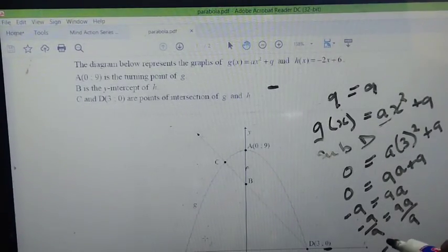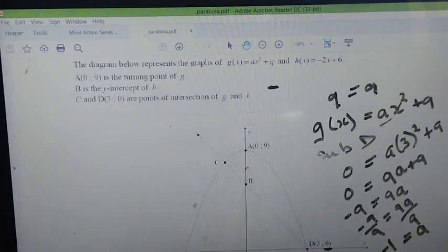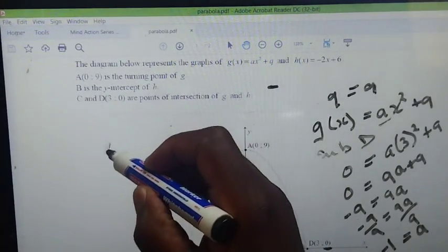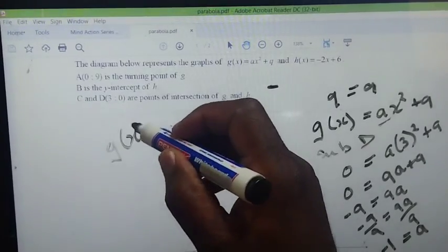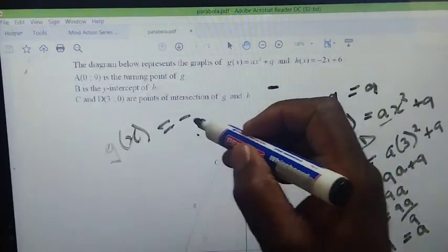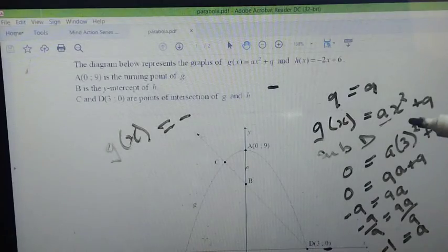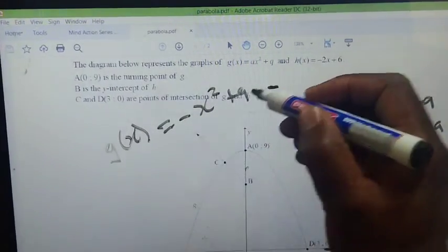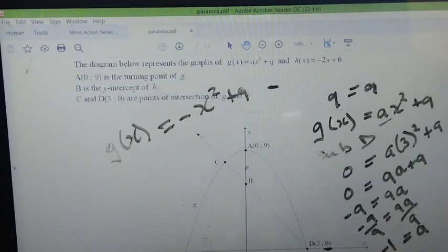So that will give us negative 1 is equal to a. So that means that our g of x is equal to negative 1 times x squared, which is just negative x squared plus 9. That is our g of x.